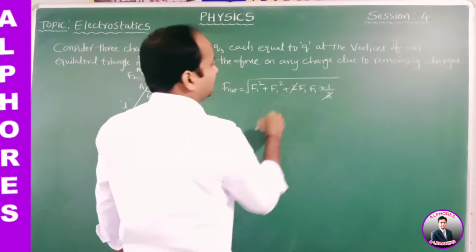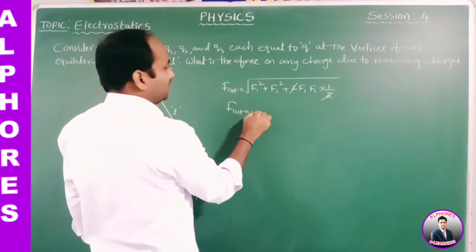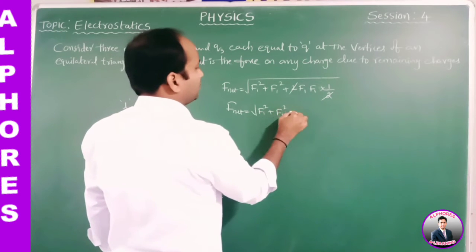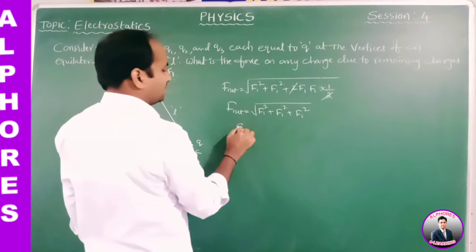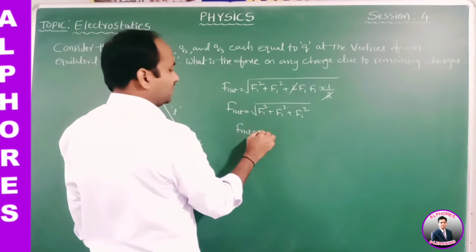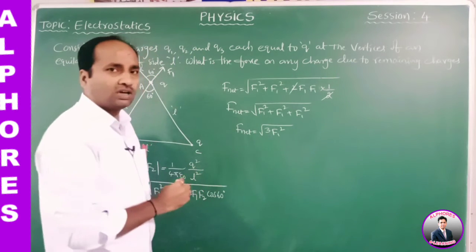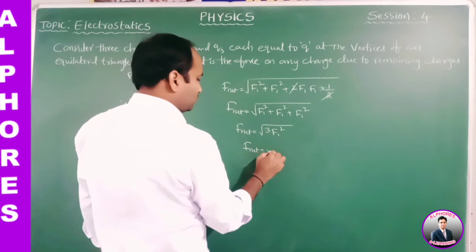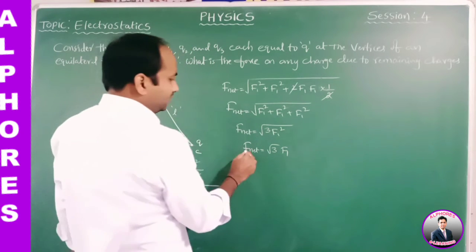Now the 2 gets cancelled. So the net force is equal to F1 square plus F1 square plus F1 square. That is, the net force is equal to under root of 3 F1 square, that is, F net is equal to root 3 F1.